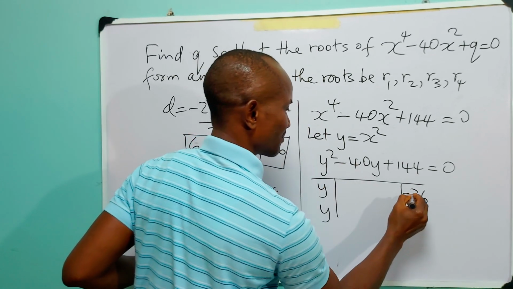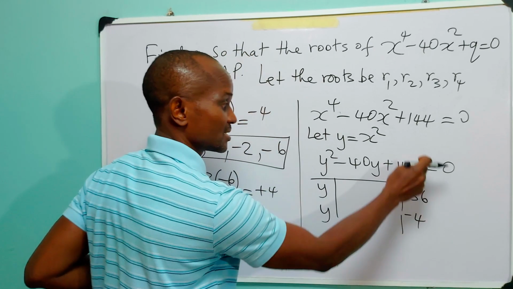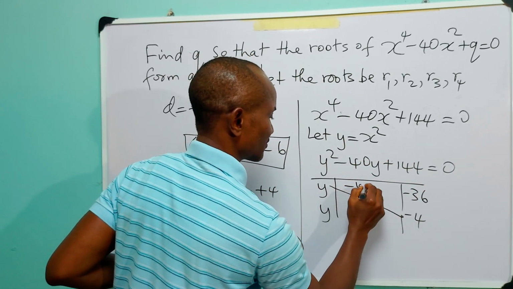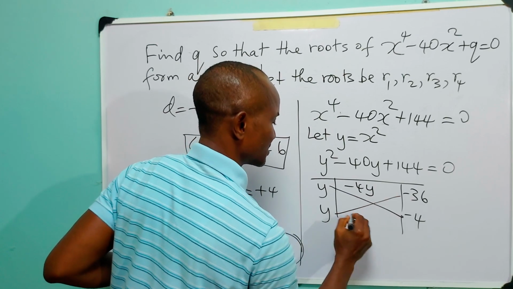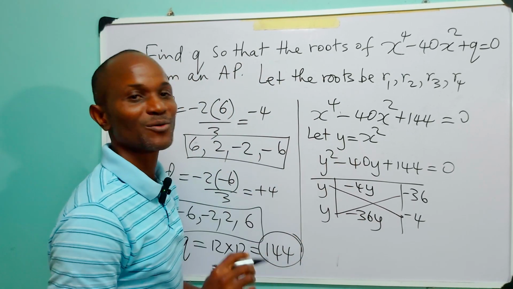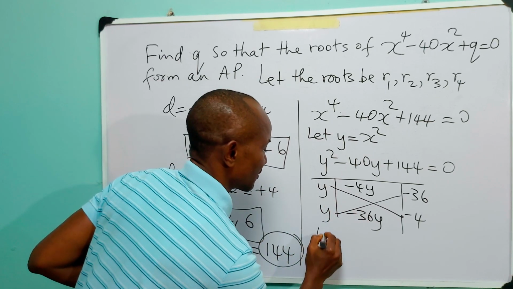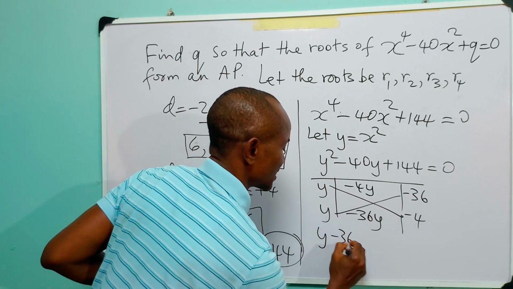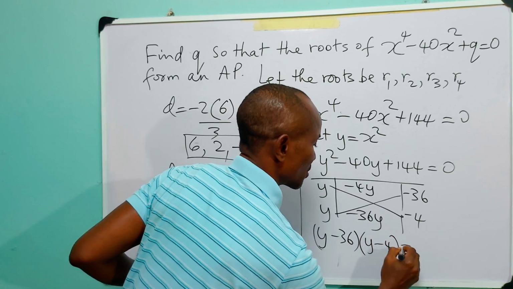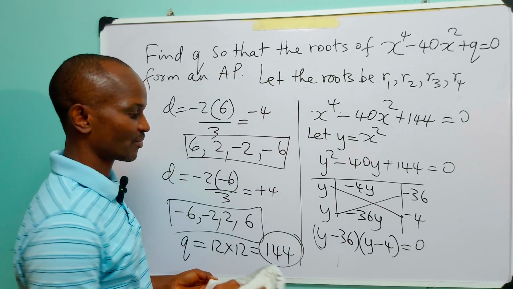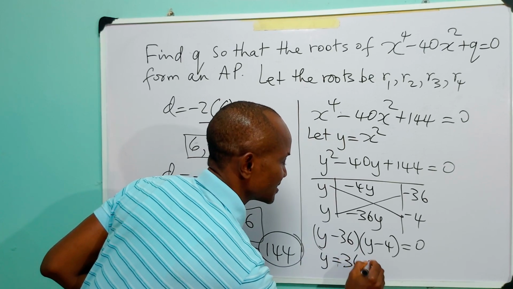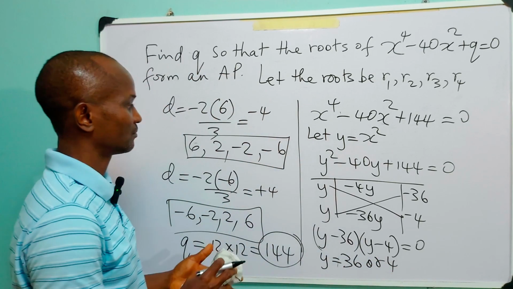But because of this, minus, this times this is plus 144. This times this is minus 4y, and this times this is minus 36y. This plus this is equal to 40y. So we have that y minus 36 multiplied by y minus 4 is equal to 0. From where we have that y is equal to 36 or 4.